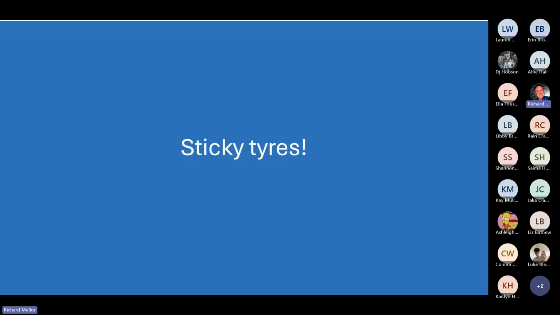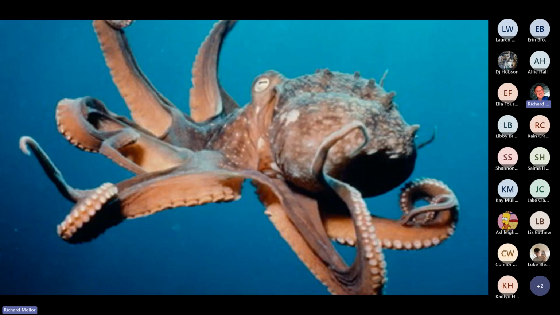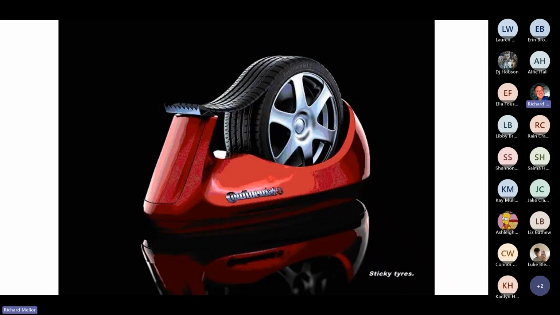Then we ask ourselves, what else is there that is sticky? So we've got sticky tape, we've got sticky gum, we've got octopuses with sticky tentacles. And so we're playing around with our visual metaphors to see which one could become a surrogate for the message that we're trying to portray. And then before you know it, we may have some creative solutions combining those two images into one complete image.